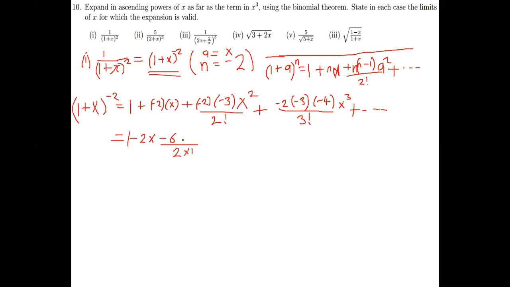And then x squared there. We proceed. So negative 2 times negative 3, and then times negative 4.